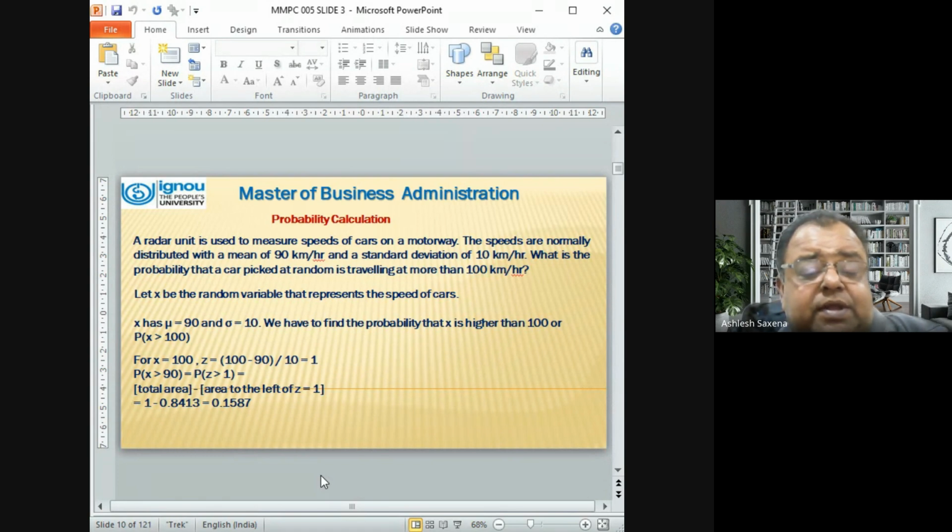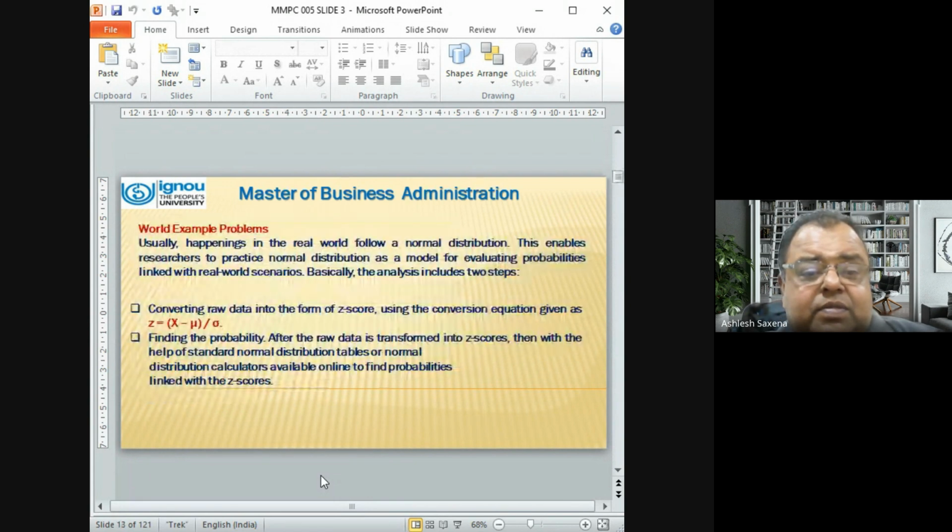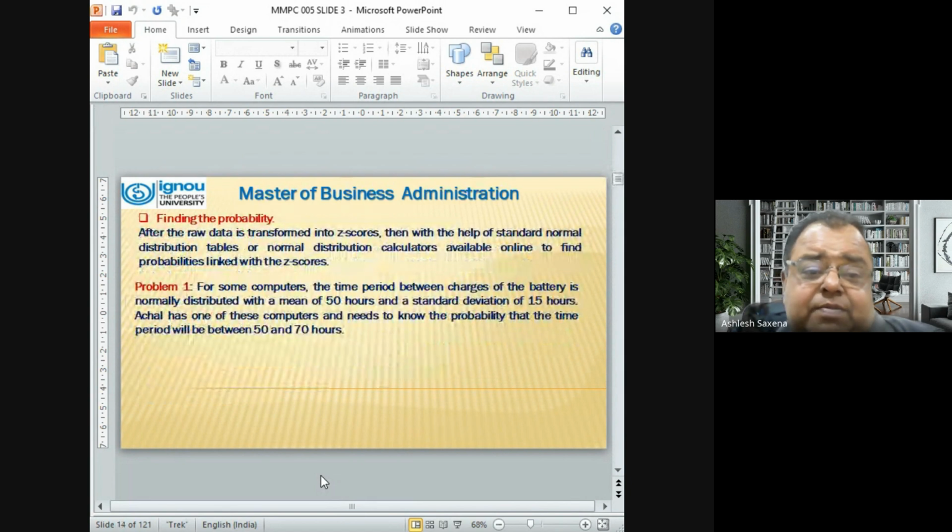This is normally studied by police of the respective place to see how many vehicles are running at a speed of 100 kilometers per hour at a particular moment of time randomly, because the radar is picking up all the movements of the car.